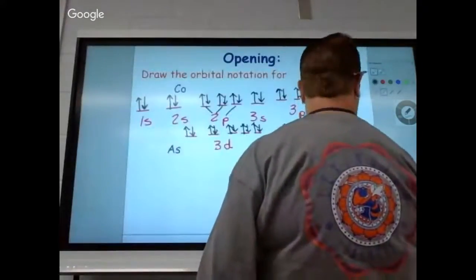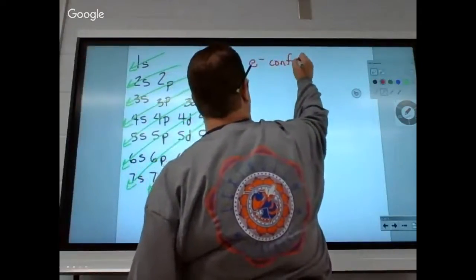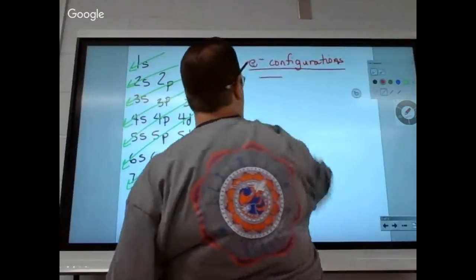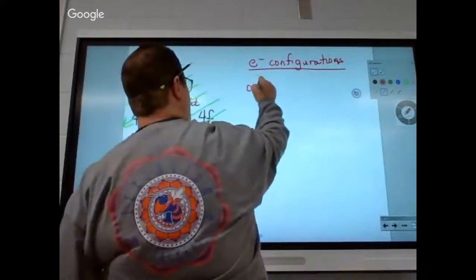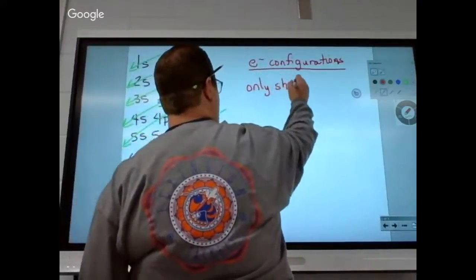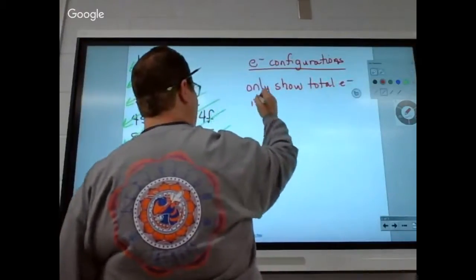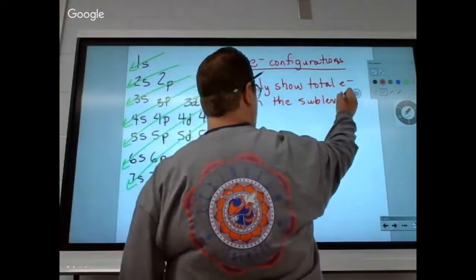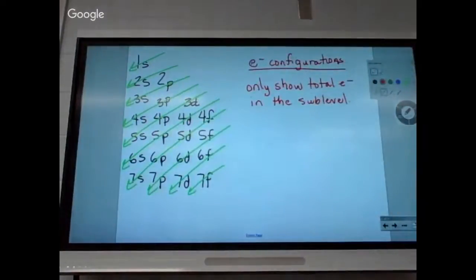All right. Now that y'all are good and tired of it, let's draw electron configurations. Okay? Electron configurations. How are they different? Electron configurations only show total electrons in the sublevel.